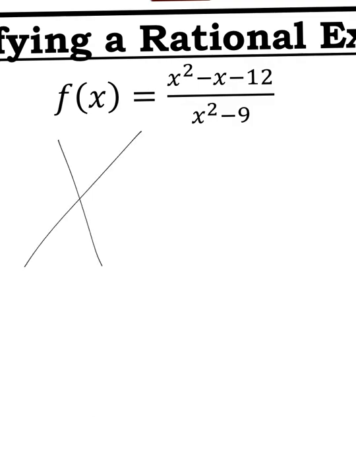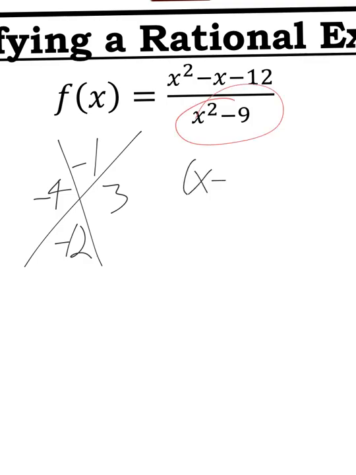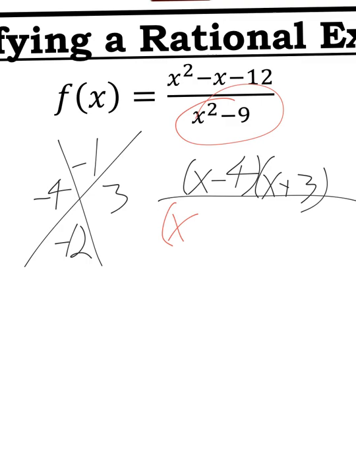Here we have factors of -12 that add to -1. That would be 4 and 3, and I'm going to make the 4 negative. And then I have another difference of squares right here. So I'm going to say x minus 4 over x plus 3, over, and then the square root of 9 is 3, so I'll say x plus 3, x minus 3.